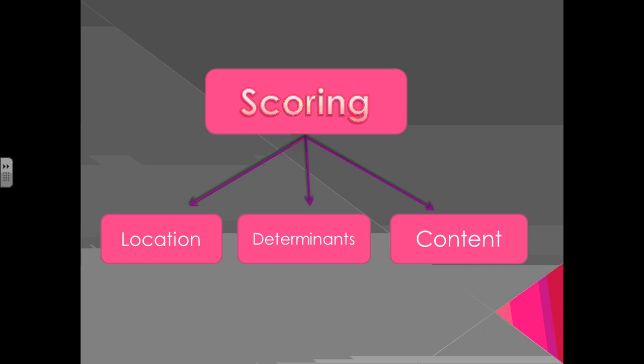First of all, we will discuss the location. Location refers to the particular part of the blot which an individual included in his responses. It is seen whether an individual is making his response on the basis of the whole of the blot or on the basis of its part only.